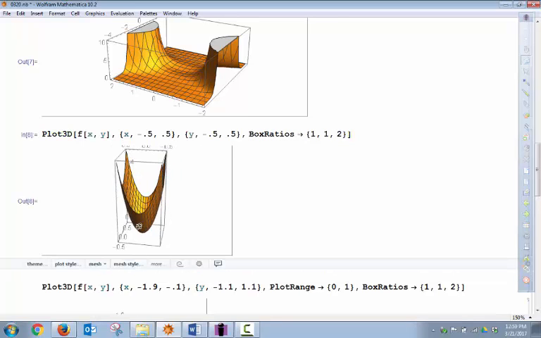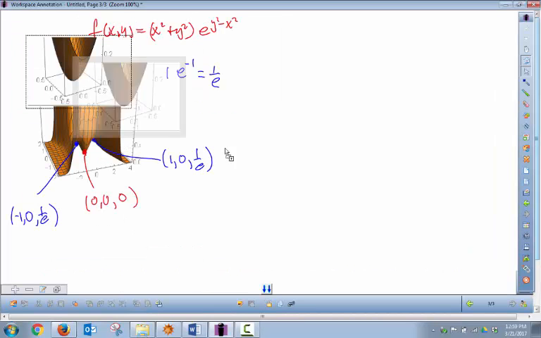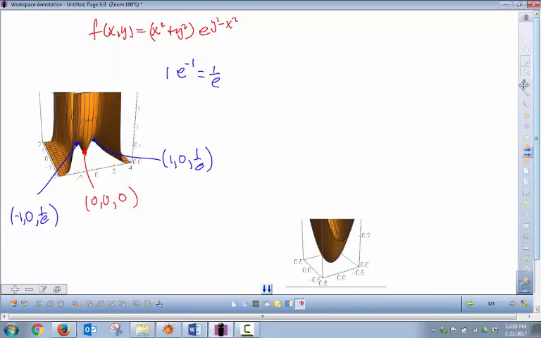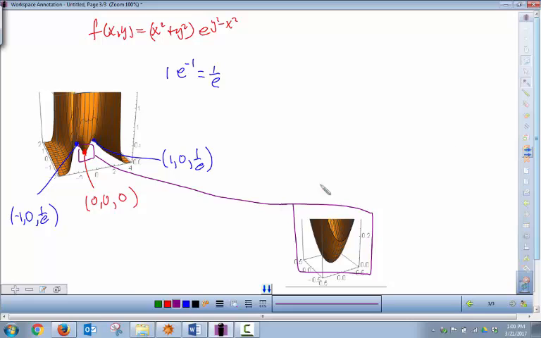And so this focuses on the middle part right here, and clearly it's that paraboloid shape around (0, 0). Yeah, so this is a zoom in box over here. So that's the obvious one.